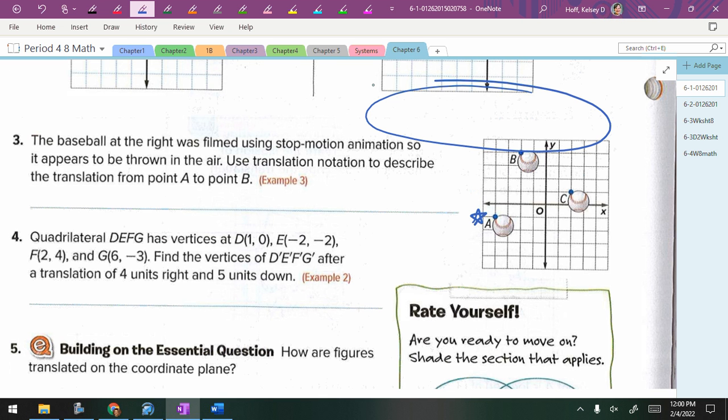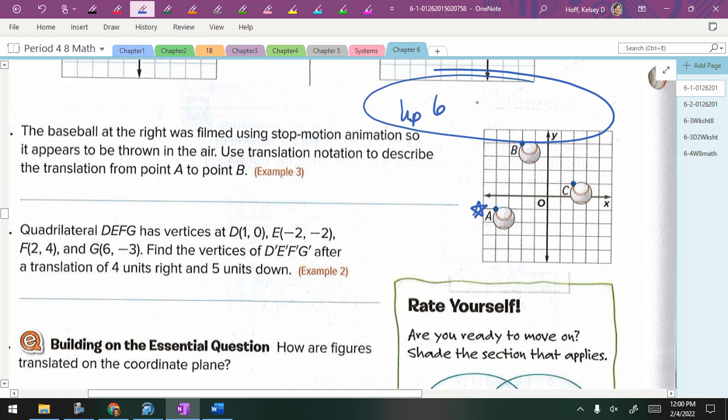Start at A, work to B. Who can tell me direction words A to B? Nevaeh. Up 6, right 2.